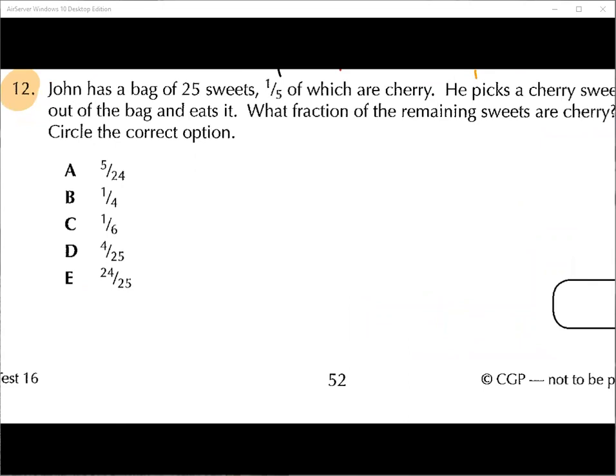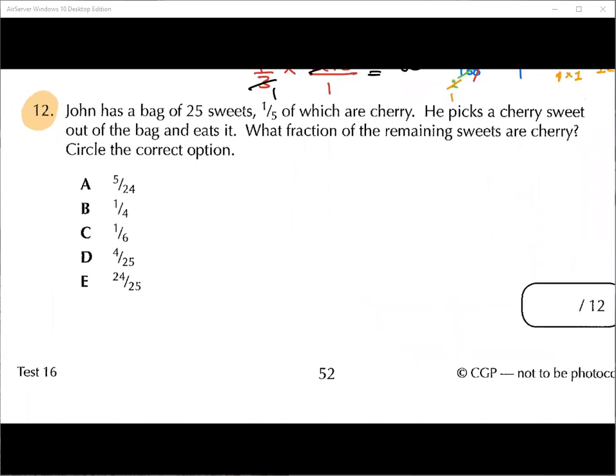Question number 12. Let's have Mr. Ibrahim. So Ibrahim, you got only questions number 7 and 8 wrong. Yes. You got the question that we just did, you got that one right. You got number 10 right, the algebra. Did you guess them? No. You worked it out.